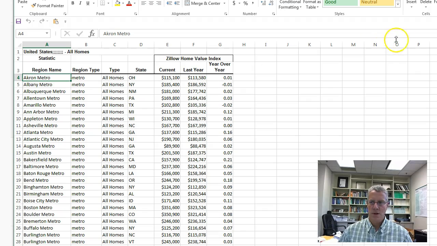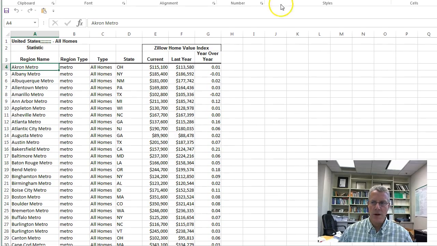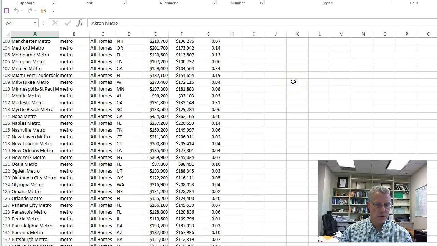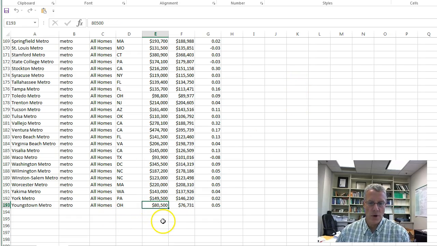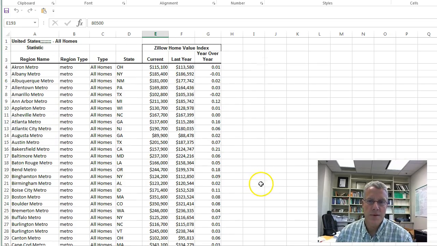You see it's organized here by metropolitan area. So it starts at Akron and it goes all the way down to Youngstown, Ohio. And this is the average value for all homes in these metropolitan areas.